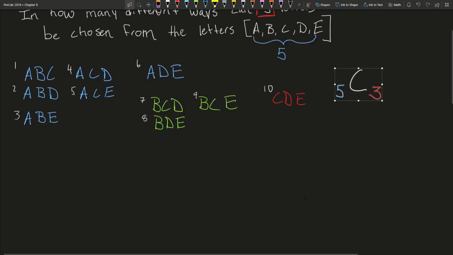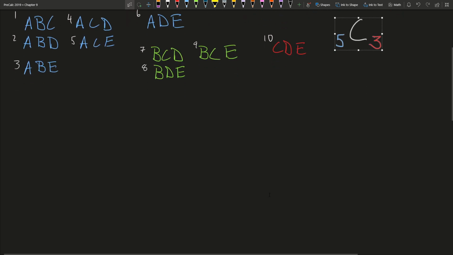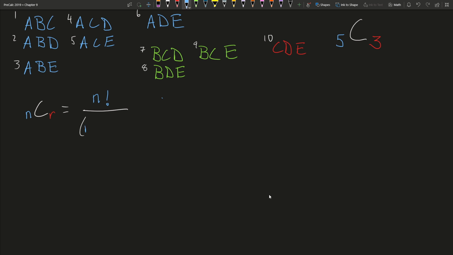And in order to calculate that, we have a general definition. Given n elements, and we want to choose r of them, we have n factorial divided by n minus r factorial times r factorial.